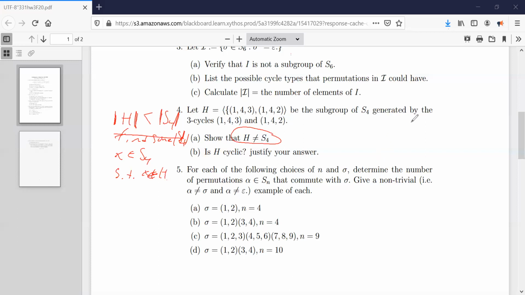So let's just go through. What's the 2-line notation look like for 1, 4, 3? 1 goes to 4, right? 2 goes to 2. 3 goes to 1, and 4 goes to 3. Right?